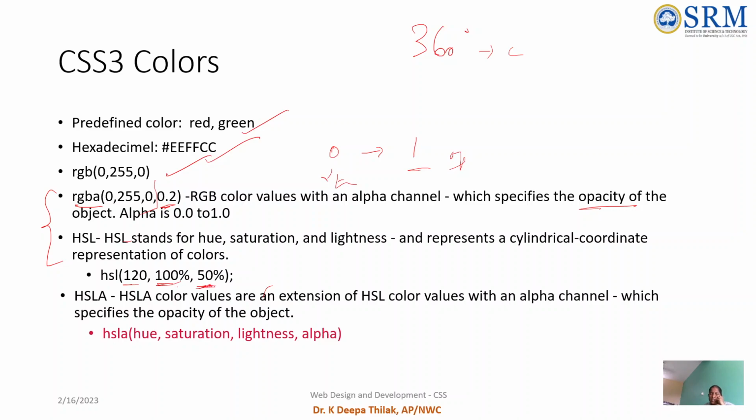And this is the lightness, 50% for normal, toward black or toward white. The other represents adding some gray color, how much percentage of gray you need to add, so that you can obtain different variations of colors using HSL. That is the main benefit. And to HSL we add alpha also, similar to RGBA, to include the opacity.